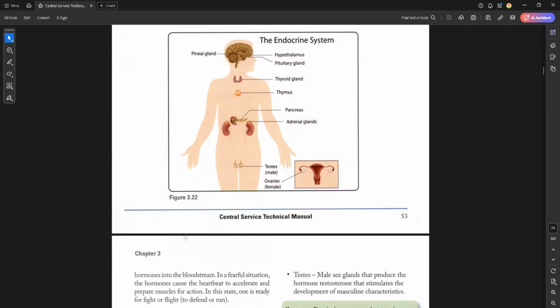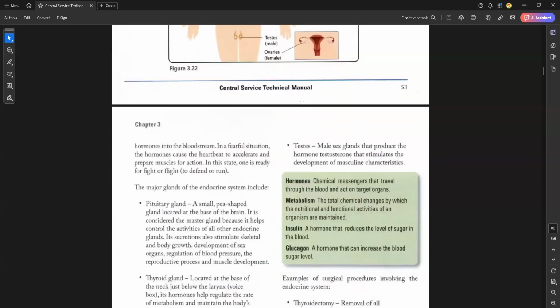Then we have the adrenal glands. As we said, because they can travel, it doesn't matter. You'll be wondering that we don't have anything in the leg. Yes, because we just learned that they can travel to wherever they are needed. It's just like you are having something in your foot and they give you medication to drink. The medication goes to your stomach, but it will travel to your foot, and that's what happens.